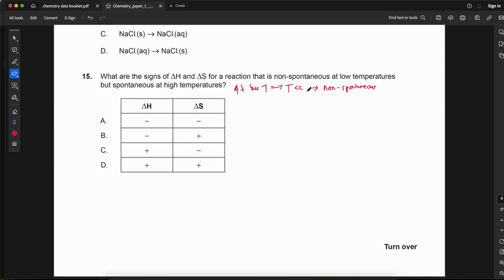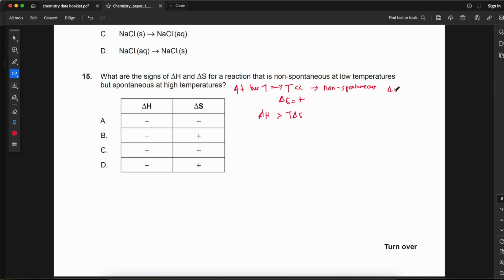If it's non-spontaneous, delta G should be positive. So to achieve delta G becoming positive, delta H should be bigger than T delta S.